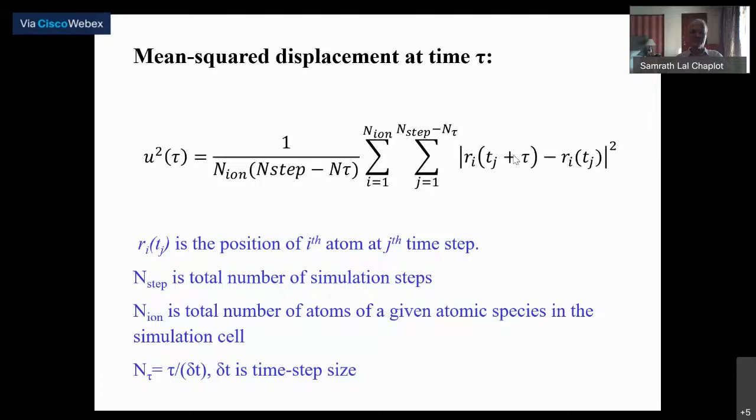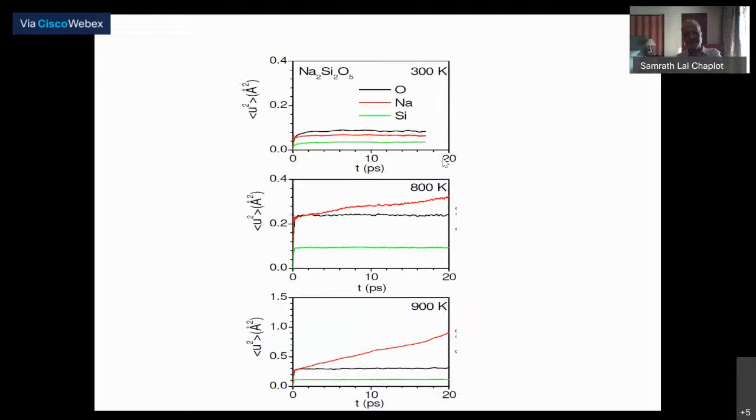So what is the mean square displacement over a time tau, and you sum over a certain number of time steps as well as the number of different atoms, and normalize it with the total numbers involved. So this is simple to understand, the total mean square displacement as a function of tau. If I show you this picture, you would easily understand.